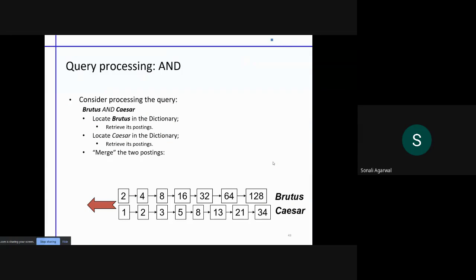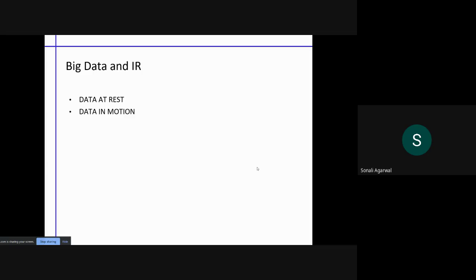This is again how we can do it in parallel: we can take every word separately, and finally merge these words if they are required together. So that is all about the basic IR steps.